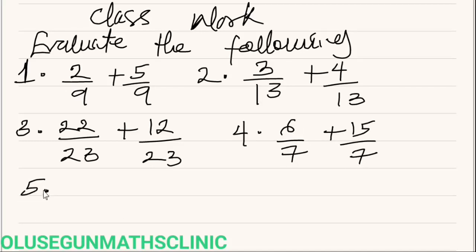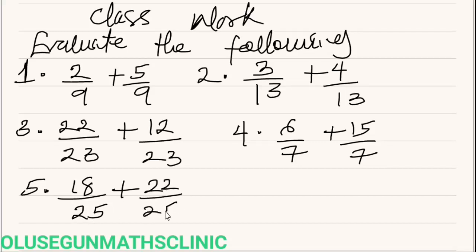Let's have number 5: 18 over 25 plus 22 over 25. Number 6, we have 3 over 8 plus 6 over 11. So we still proceed. Number 7, we have 9 over 13 plus 2 over 3.